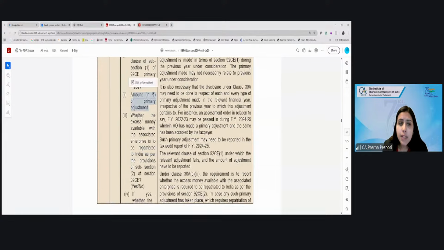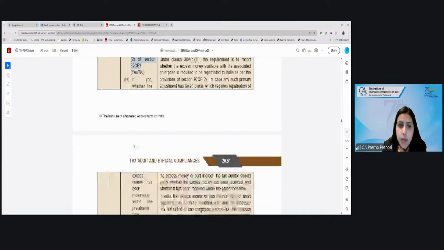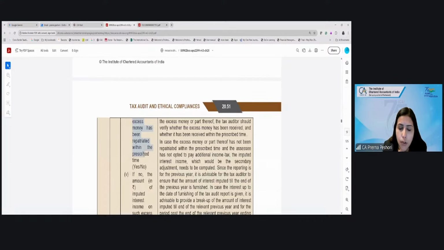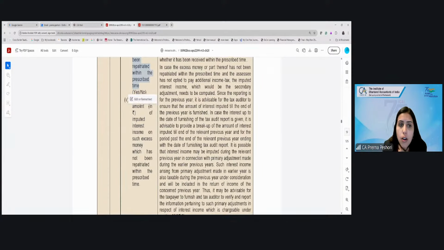Whether the excess money available with the AE is to be repatriated to India as per 92CE. If yes, whether the excess money has been repatriated within the prescribed time. If no, the amount of the imputed interest income on such excess money which has not been repatriated within the prescribed time.